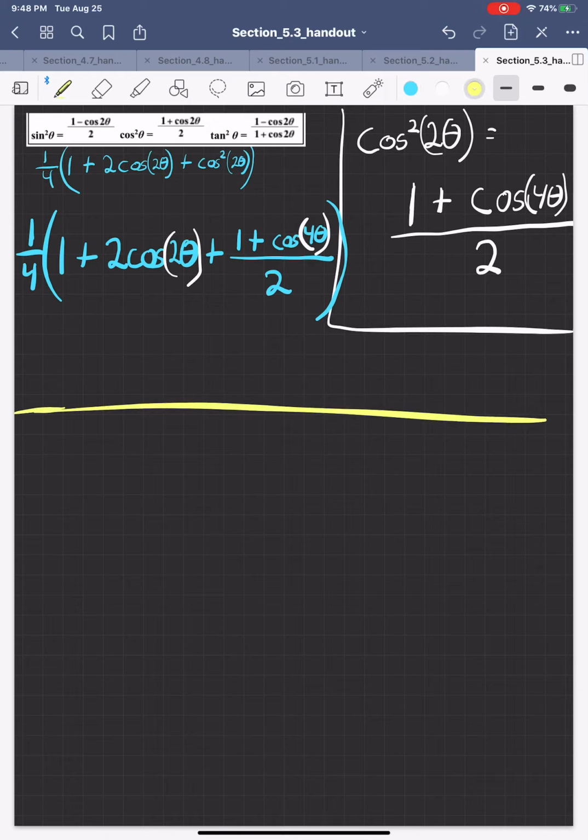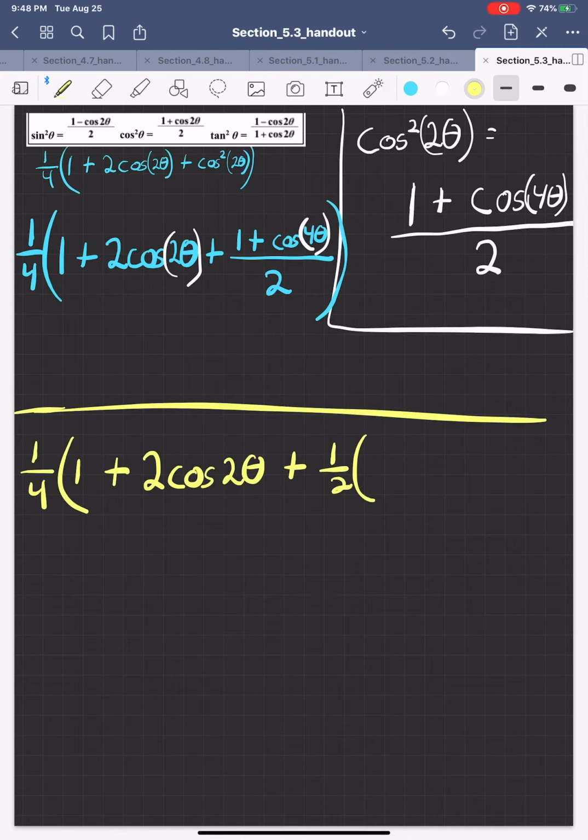All I'm trying to do right now is show you how to write this problem using MyMathLab. So the first thing they're going to want you to do is think about dividing by 2 as multiplying by 1/2. All right, and then I'm going to distribute here.